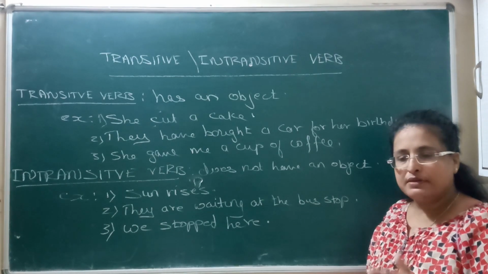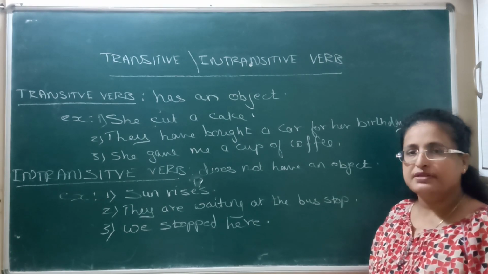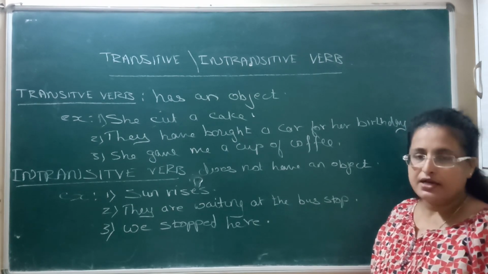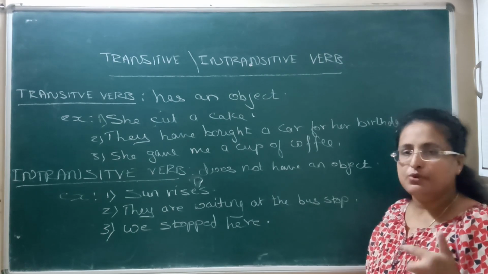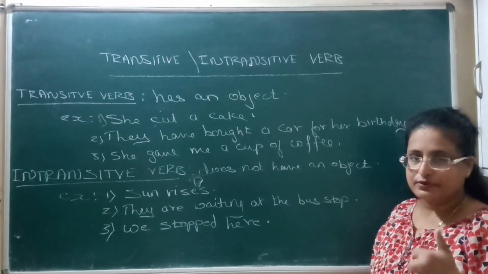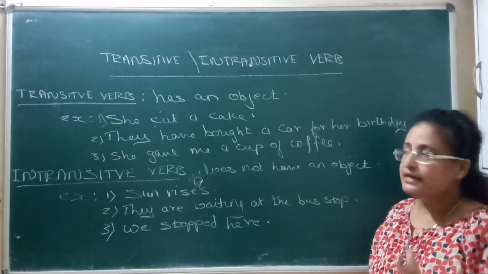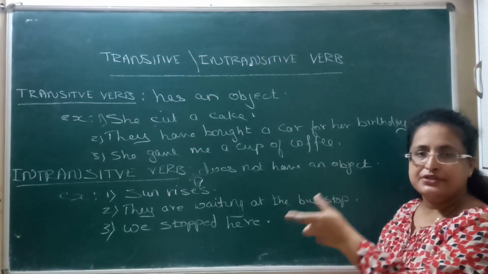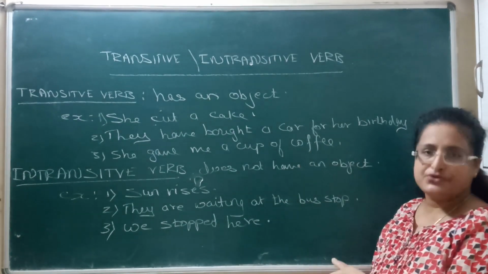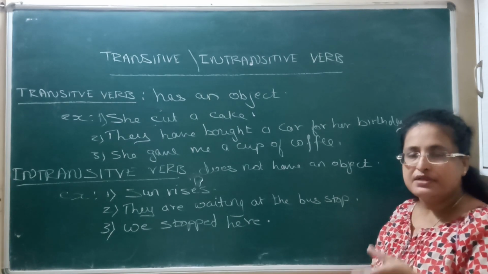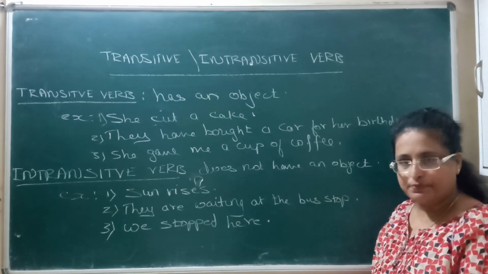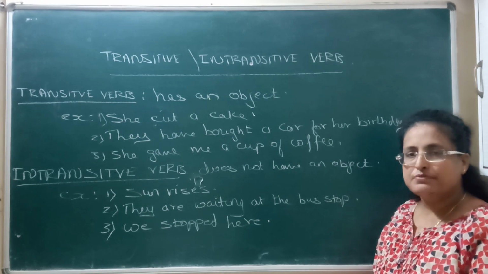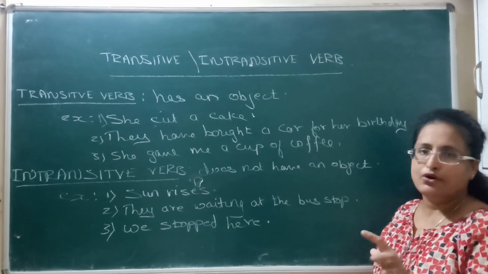And always remember, just before the finite verb is always placed the subject. To make it doubly sure, you ask a question what and who for the subject. Understood about it? Then connected to the object, the verb can be classified into transitive verb and intransitive verb. Transitive verbs are those verbs that have an object, and intransitive verbs are those that don't have an object.